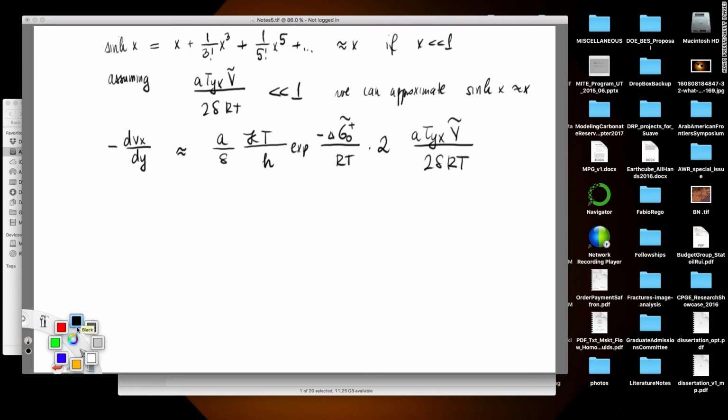So I can actually then express tau yx, when I clean this up, as minus something, which I'm going to call viscosity, times dvx dy.